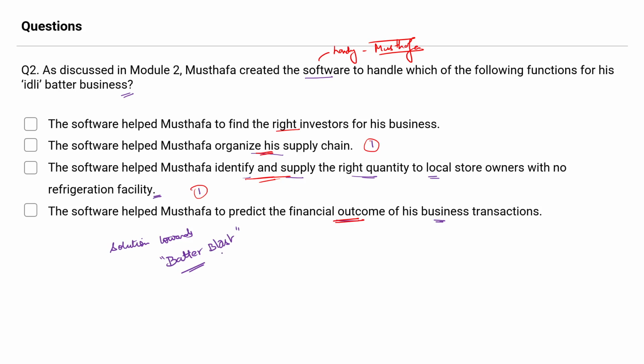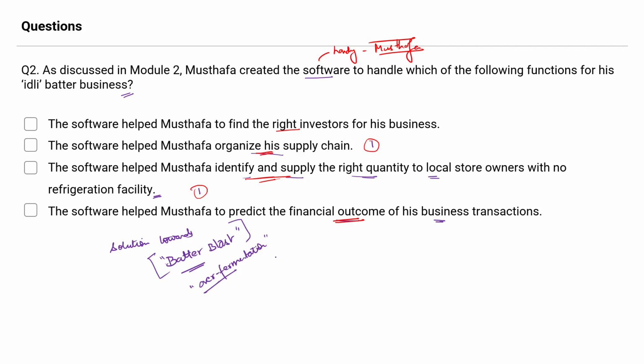Well done. I think it is more or less correct. See, the incidents of batter blast were happening because of the over fermentation. And over fermentation will happen when the batter is not consumed in a given time. Which means that it overstays at the local stores, right?